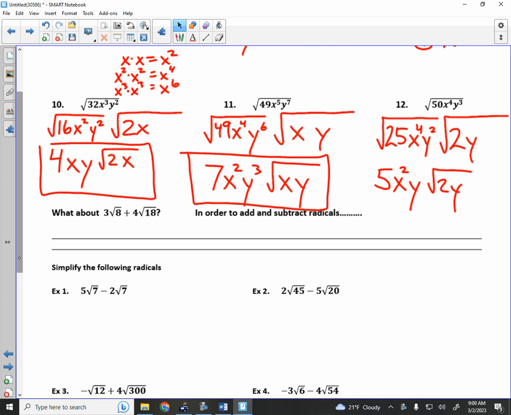If you would please look at your homework. So you can see that the first worksheet says simplifying, adding, and subtracting radicals. We're not going to be adding and subtracting today. That's something we're going to do tomorrow, okay?